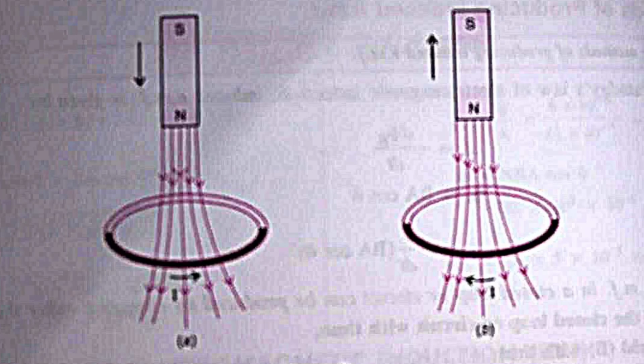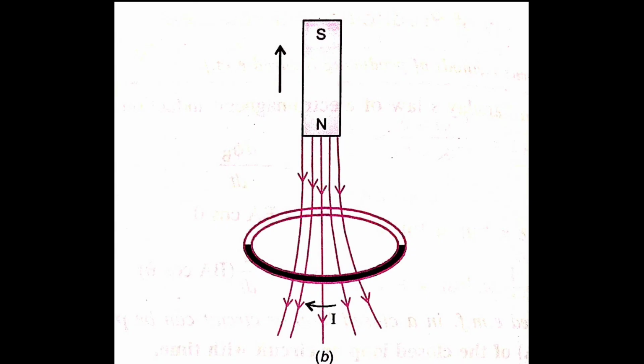So the face of the loop towards the north pole of the approaching bar magnet behaves as a north pole, and we know that like magnetic poles repel each other, therefore the motion of the bar magnet towards the loop is opposed. Now observe this diagram.